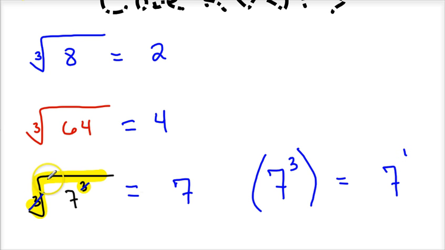What would I multiply 3 by to get 1? Half would work for the square root, but now we're talking about a cube root. 1/3. Excellent. So the cube root can be written as an exponent of 1/3. You can write these either way.